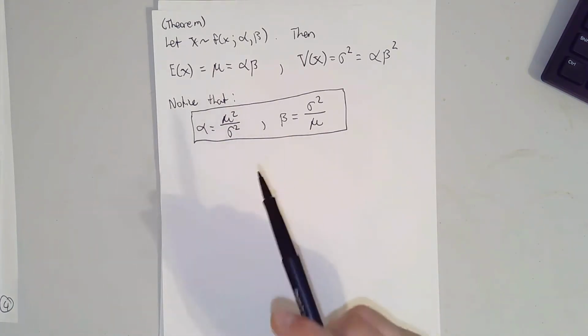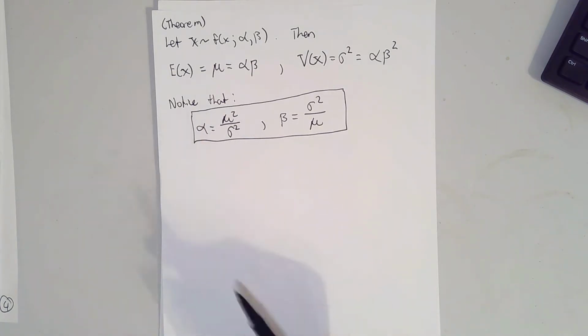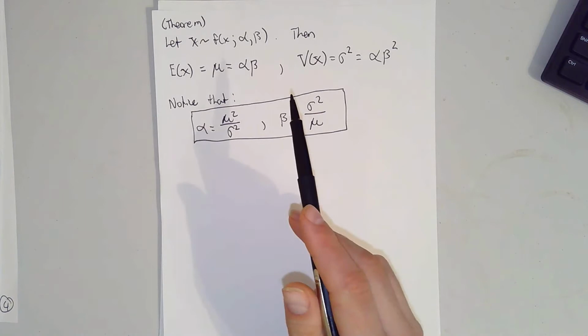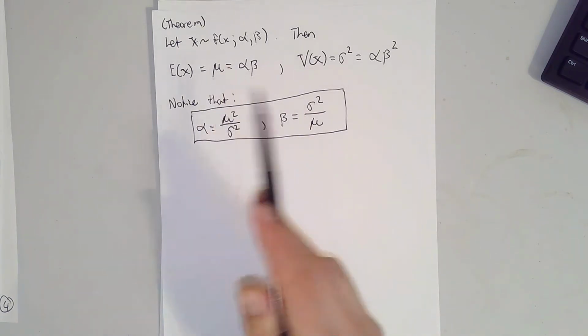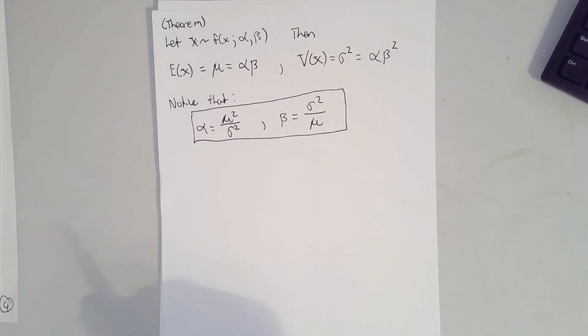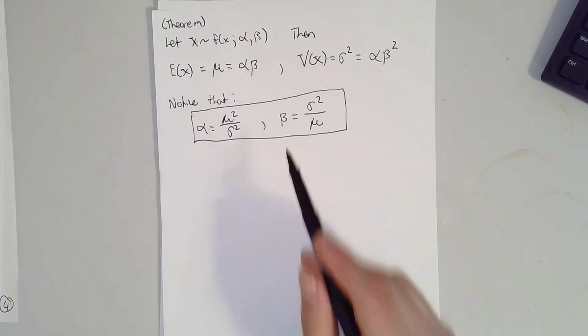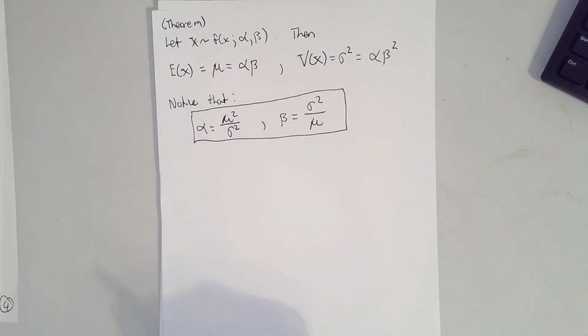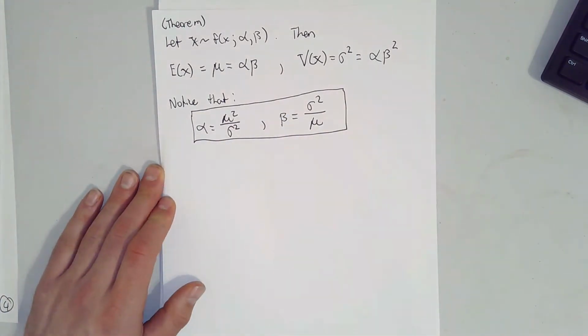Well, you'd like to use tables for the gamma distribution as well, but usually in the problem, you're given the mean and the standard deviation, or the mean and the variance of some gamma distribution. From this information, you then need the parameters alpha and beta in order to answer any questions about it. So these two formulas will be very helpful, and we'll come back to these in the next video.